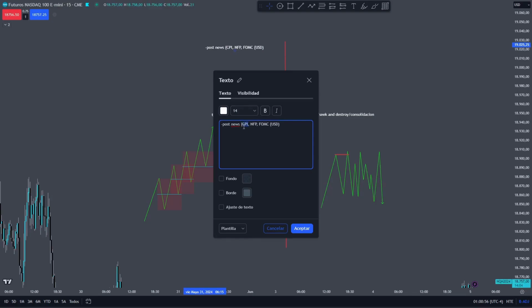After seeing how inflation is, decisions about the interest rate are made. Those are the main ones. We also have some that are not so significant.